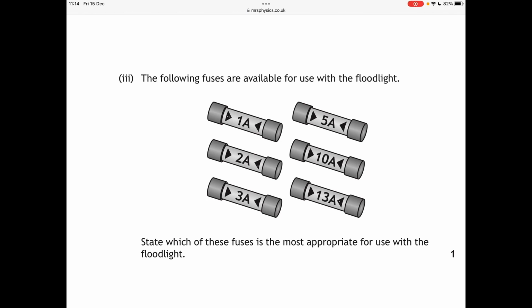So whenever you're picking a fuse value, you want to pick a fuse value that's just a little bit bigger than the standard current. In this case, we calculate the standard current to be 2.5. So if we were to get a fuse that's a little bit bigger, the best option there is 3. Because 5 is that much bigger, 10, 15, it just keeps getting bigger. So we want a fuse that's a tiny bit bigger than our actual current.